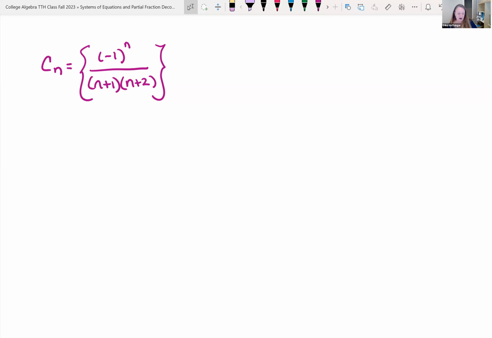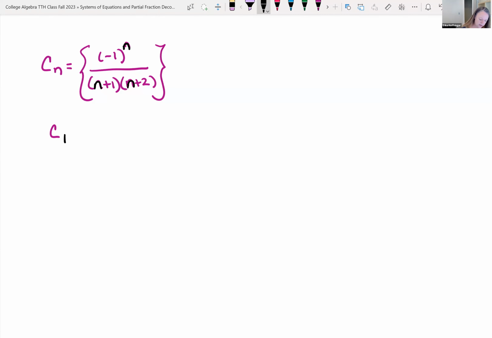So looking at our next example, we're given that c sub n is equal to -1 raised to the nth power, and then that's all divided by the quantity n plus 1 times that quantity n plus 2. The directions asked for us to find the first 5 terms of this sequence. So all we're going to do is look at what is c sub 1. Wherever we see an n in our formula, we're going to plug in 1.